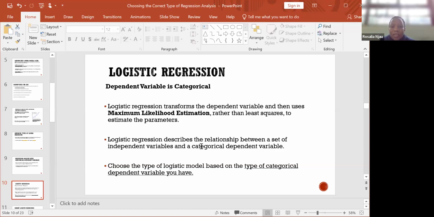Logistic regression describes the relationship between a set of independent variables and the categorical variable. Choosing the type of logistic model is based on the type of categorical dependent variable you have. There are different types of categorical variables that would make you choose a certain type of model in the logistic family.